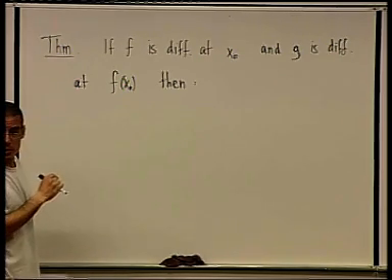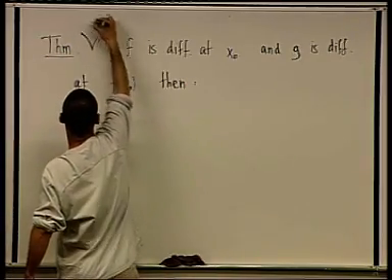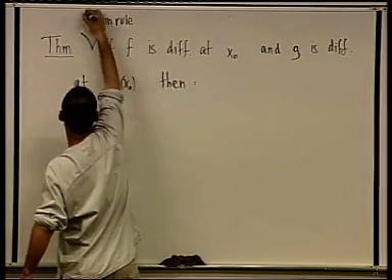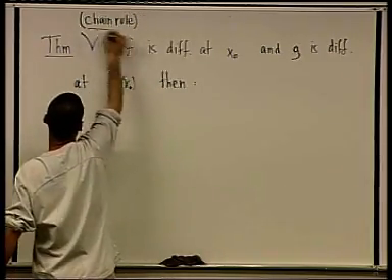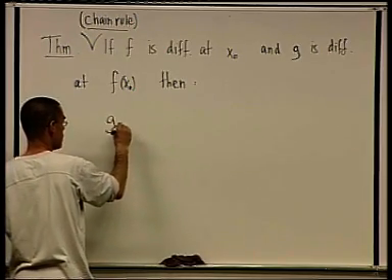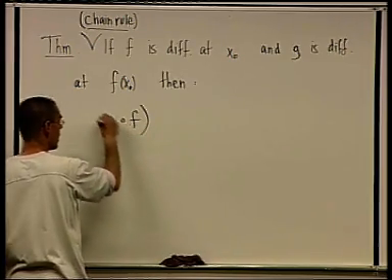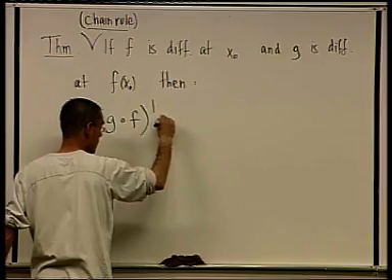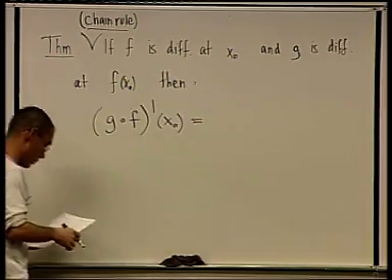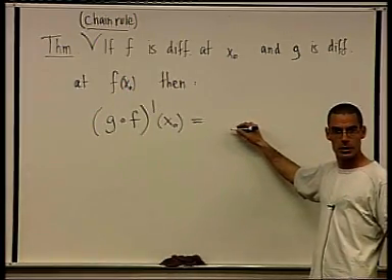Do you know the name of this theorem? It has a name. This is called the chain rule. But what it really is, is the formula for the derivative of a composition. So I have g composed with f. I want to take the derivative of this at the point x0. And what do I get? You know this.